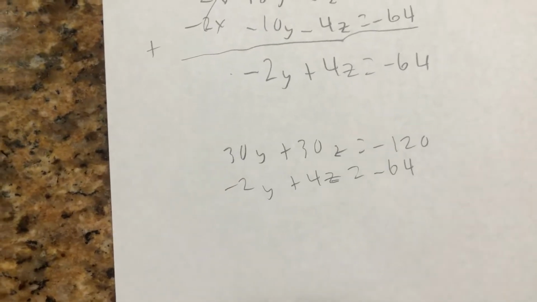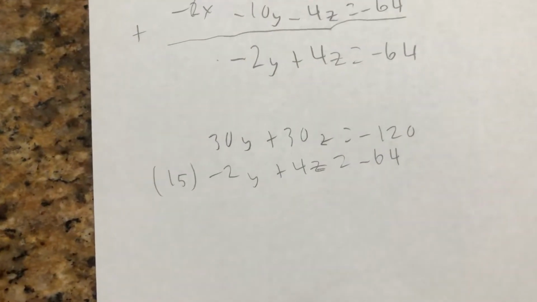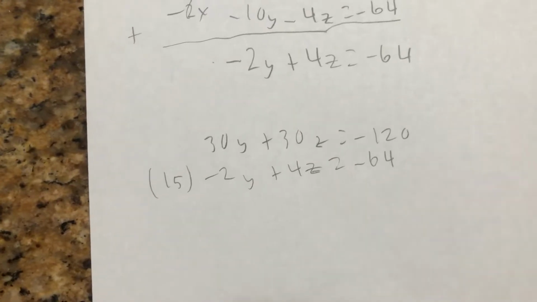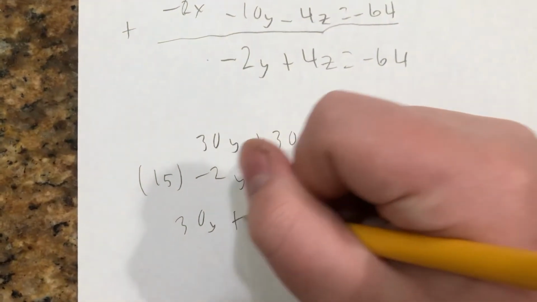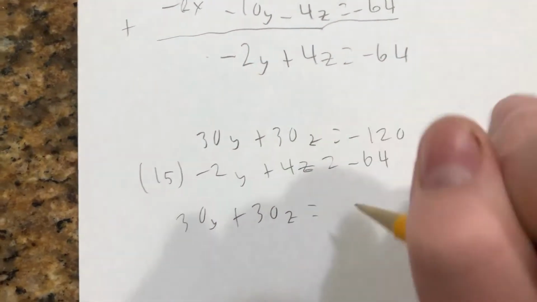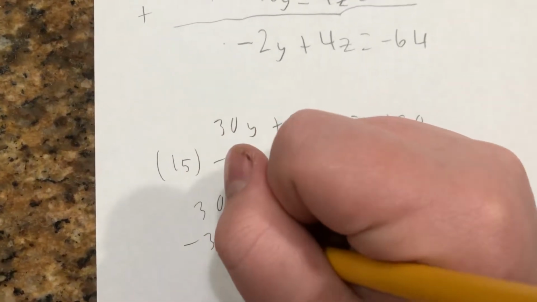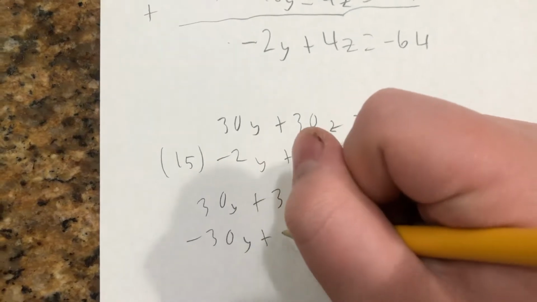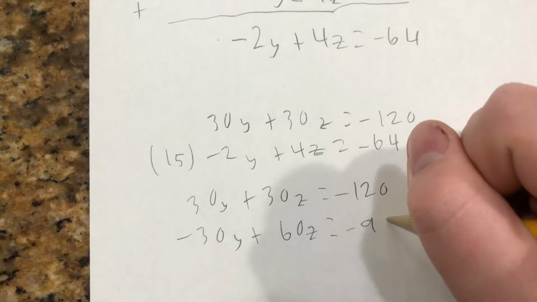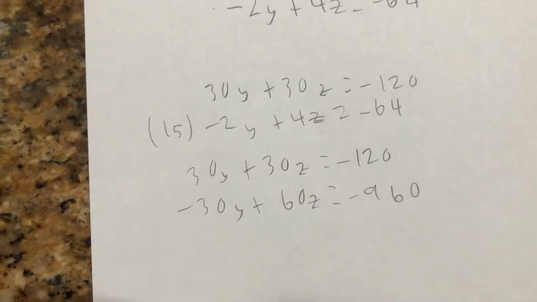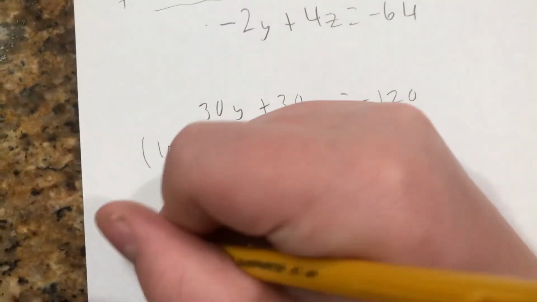So we will put a 15 right there and scale it across. So we're going to rewrite the equation as 30y plus 30z equals negative 120, and then negative 30y plus 60z equals negative 960. Once again, we will have the line and addition mark.